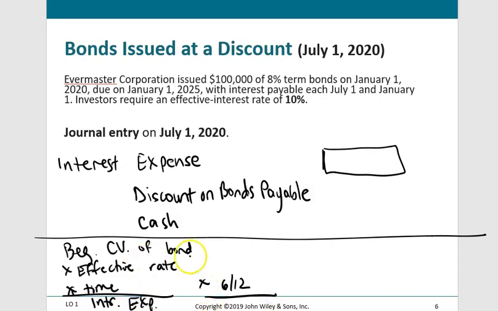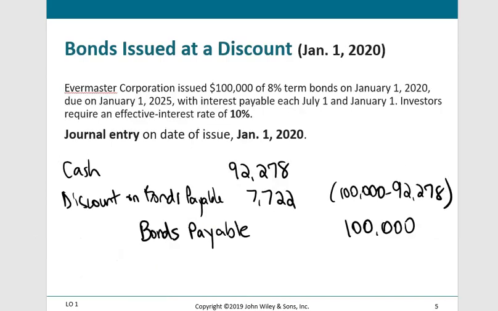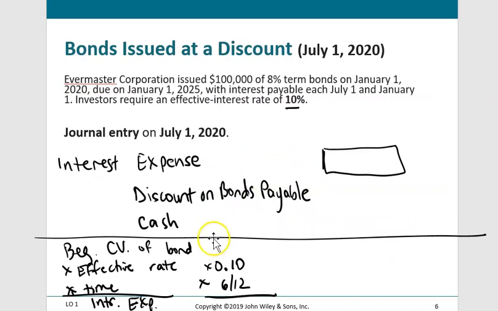We know the effective rate that's given to us as 10%. So what is the beginning carrying value of the bond? When we issue the bond, we're going to issue it at its beginning carrying value, the bonds payable balance less the full discount. So 92,278 is the beginning value.